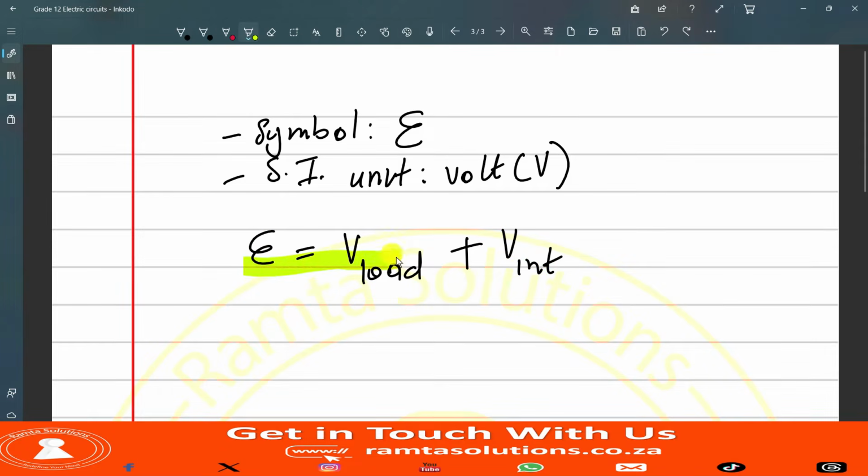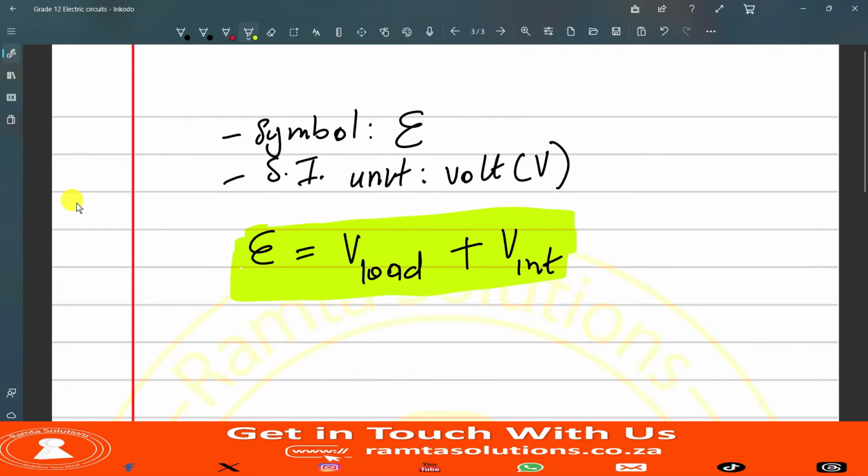We're going to expand on this shortly. This is how you get your formula of EMF that a battery supplies.